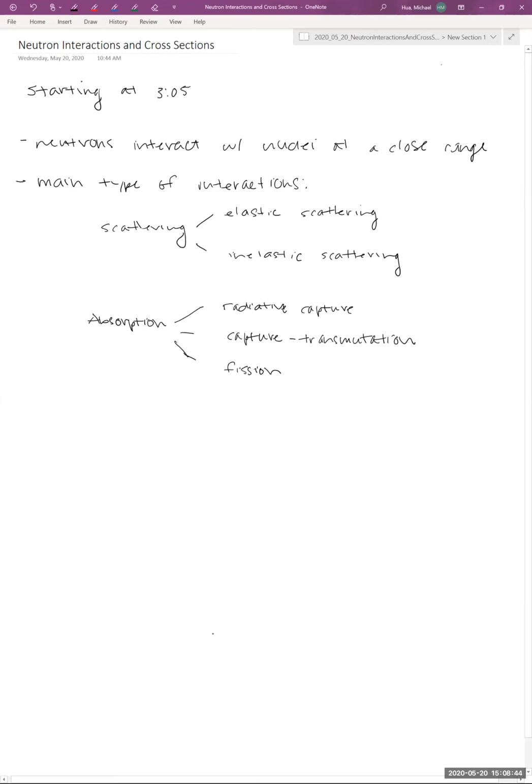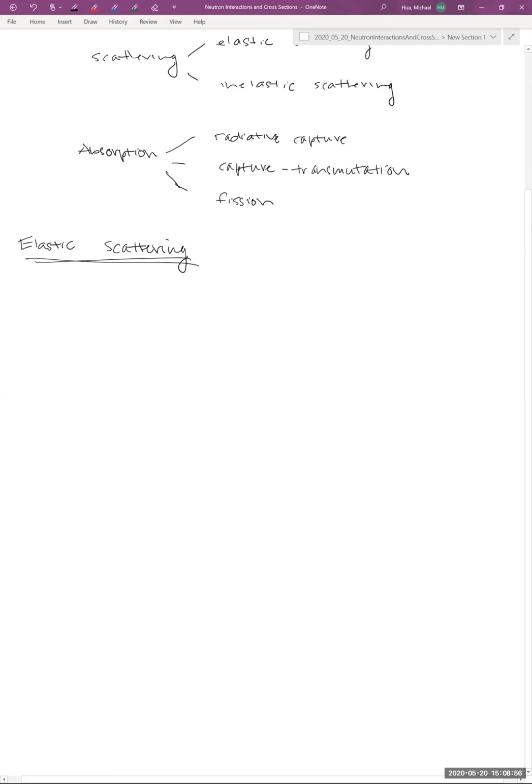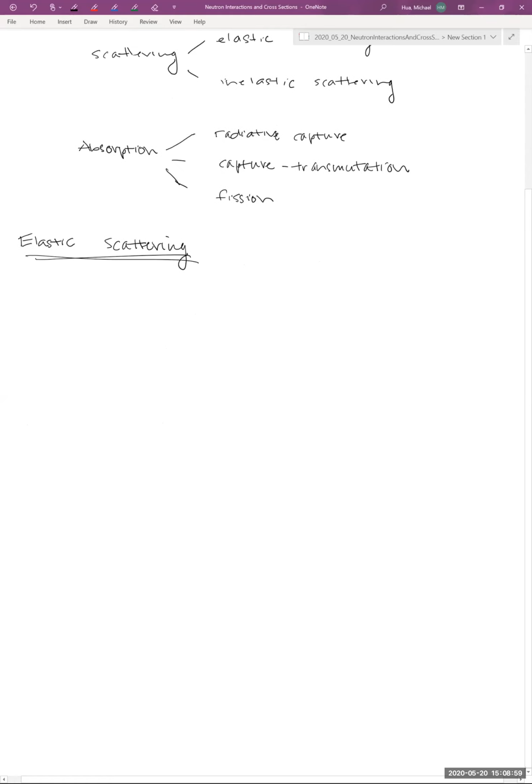So we'll start with elastic scattering. In elastic scattering, elastic means that kinetic energy is conserved, and scattering means that the particles that are interacting stay the same.